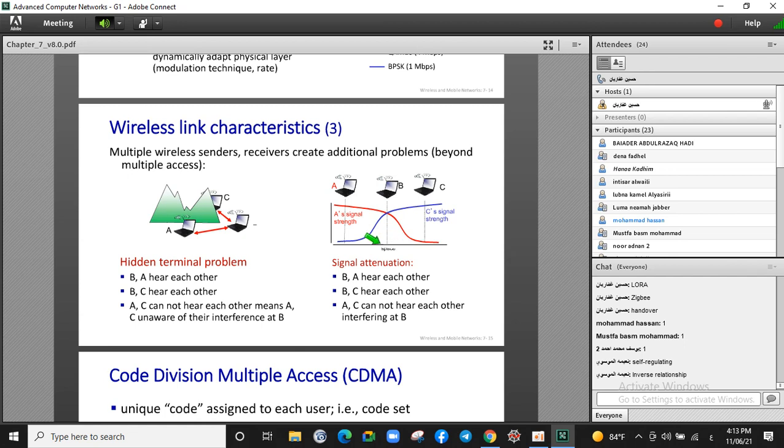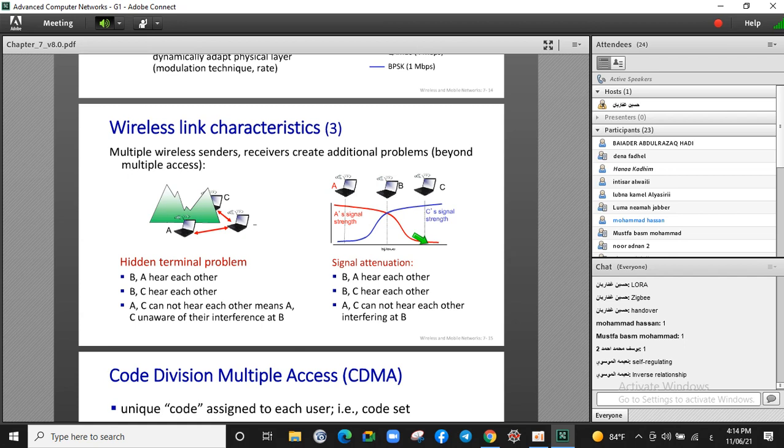But here, in this case, you can see the signal received by A or C is too weak. It is weaker than the minimum threshold. So A and C would receive the signal, but they cannot hear those signals because the signals are too weak.